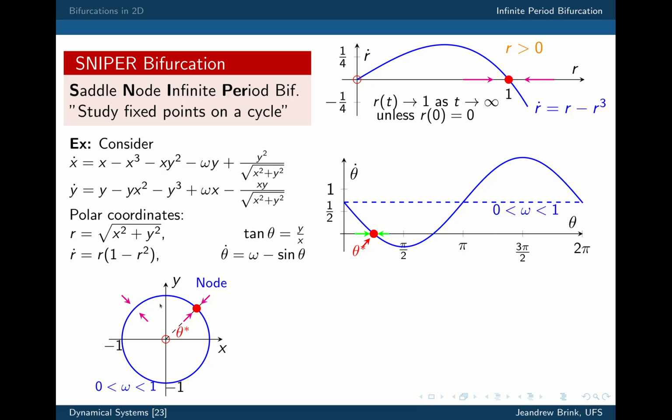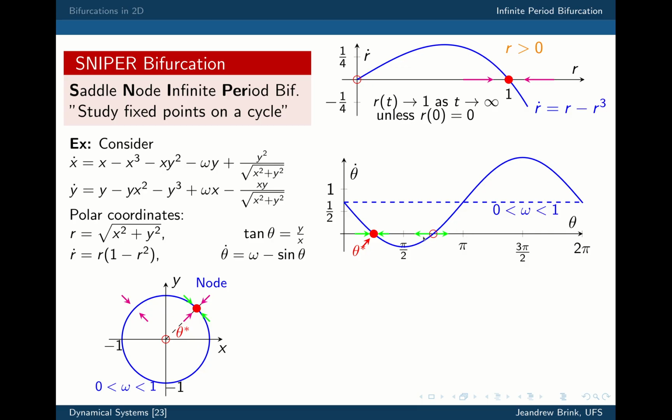So if we look now at the Cartesian plot, we have over here theta star, the angle. The radial direction is pointing towards the r equals 1 circle, and now the arrows in the theta direction also both point towards the fixed point. So it's very definitely a node that's been plotted over here. If we look at the second fixed point, just from our analysis in 1D, it is an unstable fixed point.